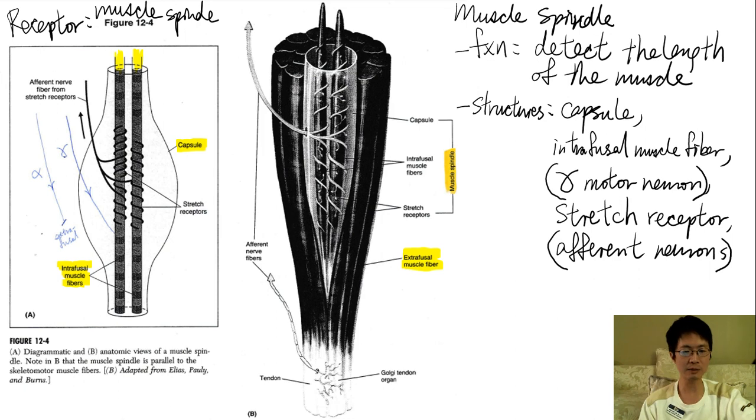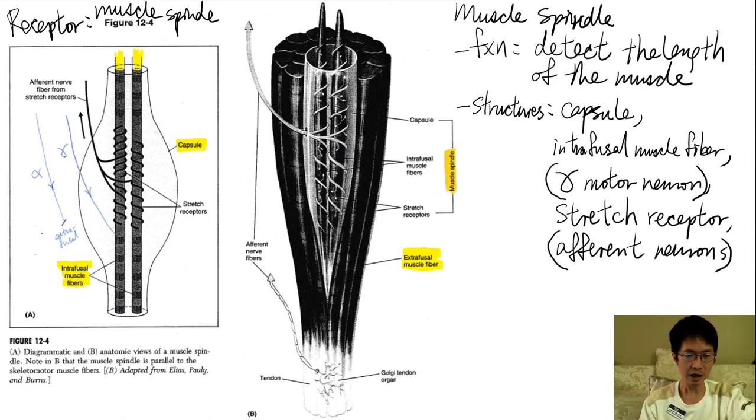So the entire capsule, intrafusal muscle fiber, and stretch receptor, they are all inside the extrafusal muscle fiber. Let me give you an example. For example, your quadriceps, they are the extrafusal muscle fiber.